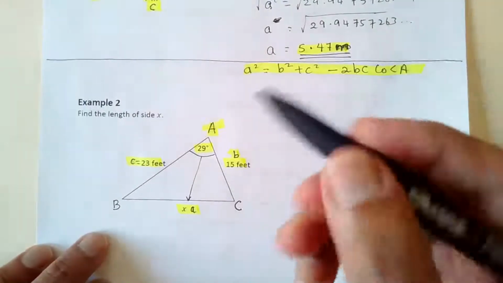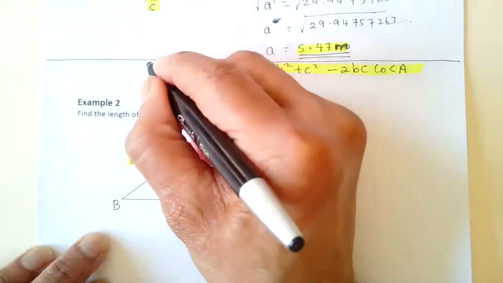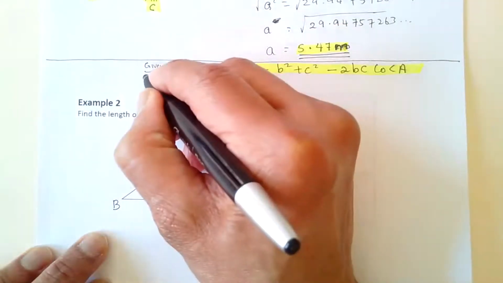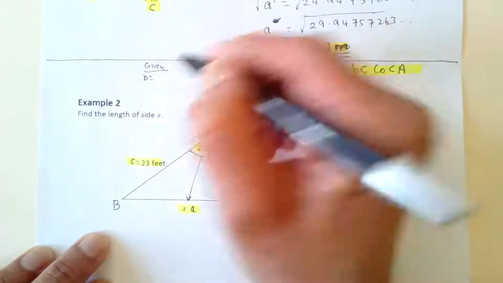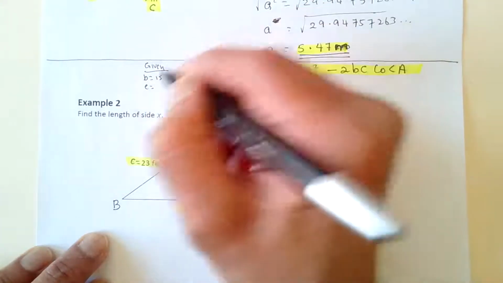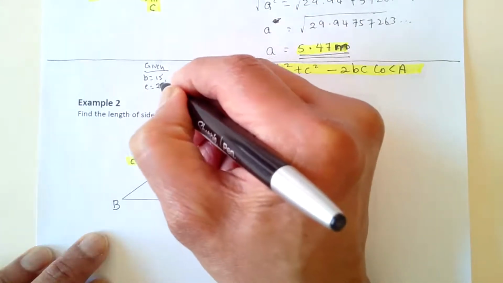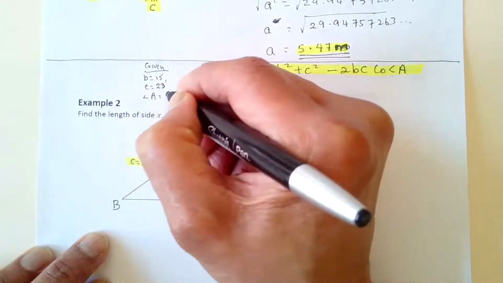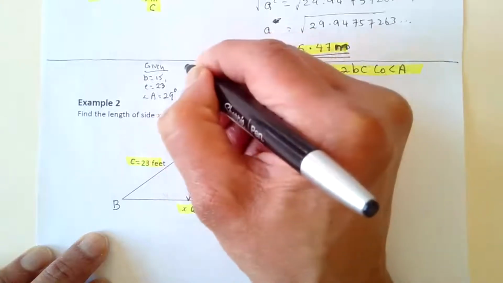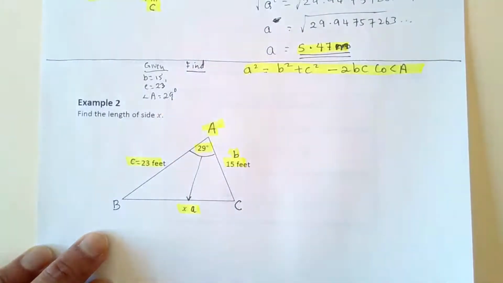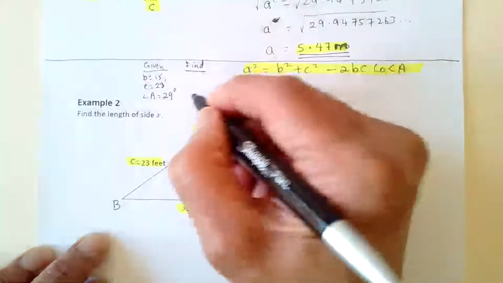So let's record what's given. So we have given B equals 15 feet. C is 23 feet. Angle A, 29 degrees. And we have to find side A.